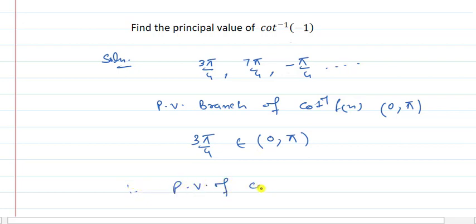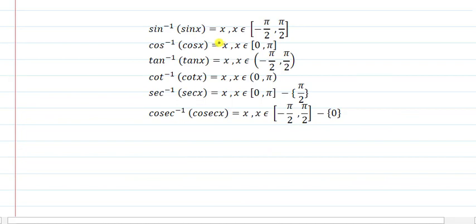Therefore, principal value of cot inverse minus 1 is 3 pi upon 4. I hope you understood how to calculate principal value of given angles for trigonometric functions. Similarly, you may try more questions for sec inverse and cosecant inverse.